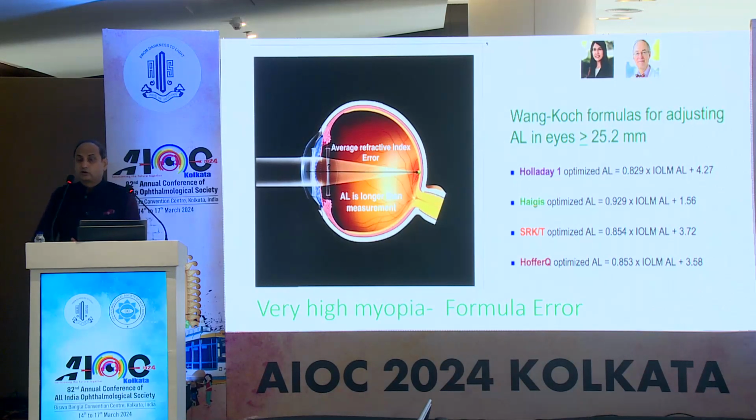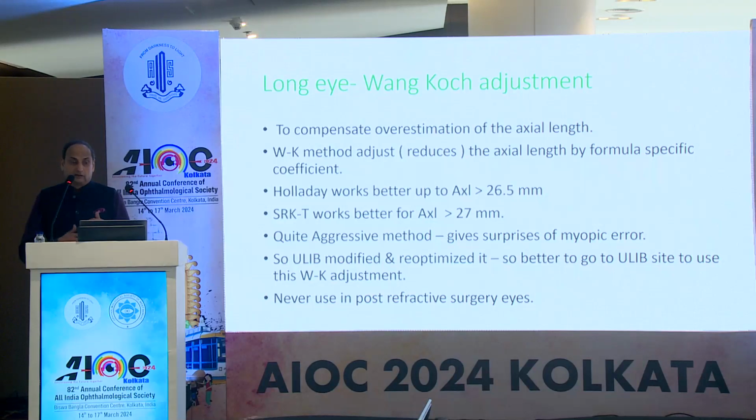Came the Wang-Koch formulas for adjusting the axial length in eyes which were more than 25.2 millimeters. I'm going to explain more in the next few slides. These are the formulas which started incorporating them with a different pair of A constants also. Then there was a Wang-Koch adjustment also. Why was it? To compensate the overestimation of the axial length.